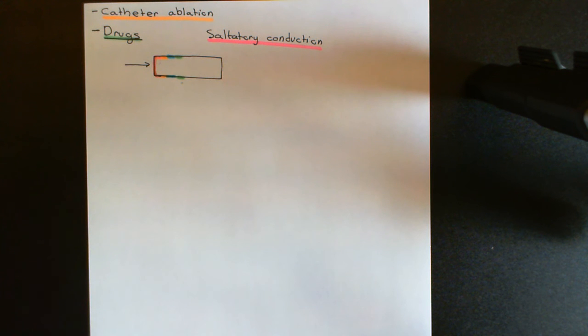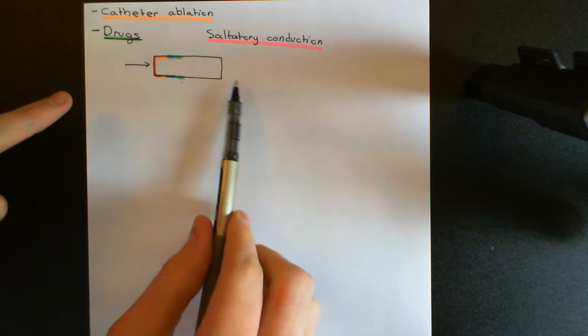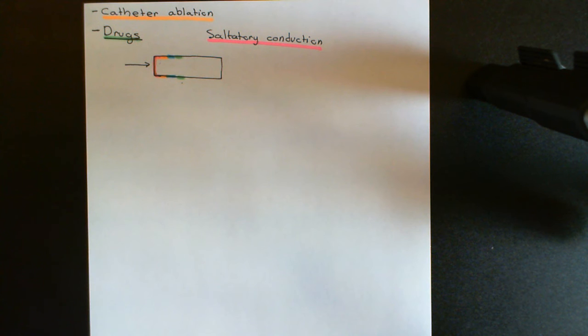And that will mean that the maximum rate at which action potentials can be conducted through the atrioventricular node from the atria to the ventricles is going to be reduced, and hopefully then we can stop the atrial tachycardia actually resulting in a ventricular tachycardia, a true tachycardia. Okay, so that's going to be our strategy.